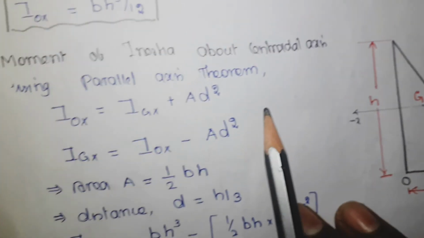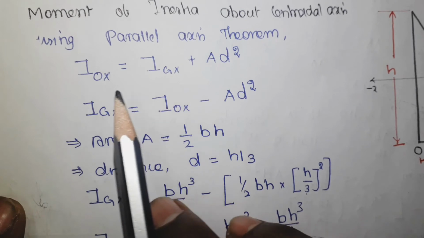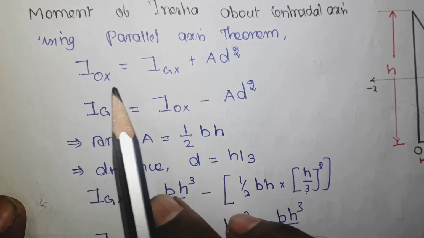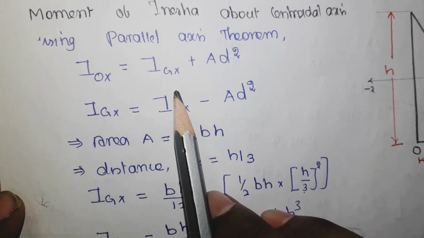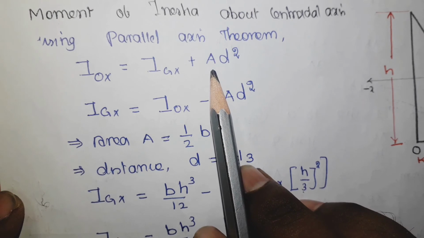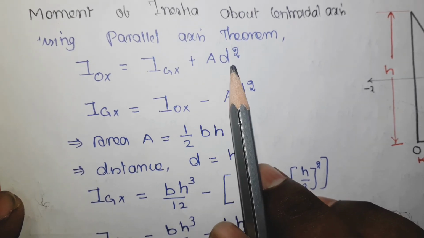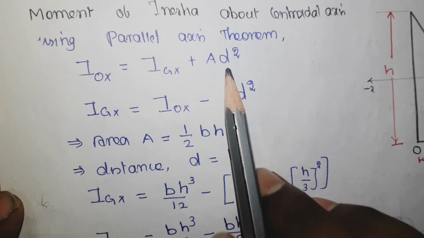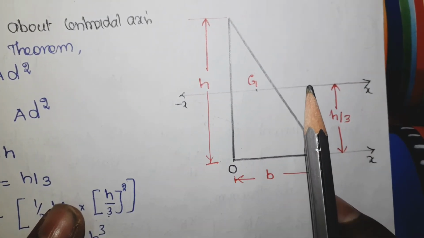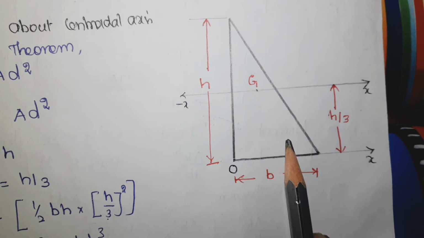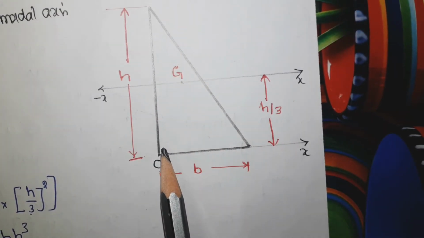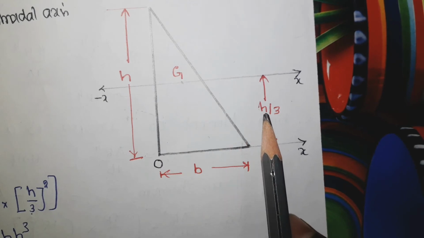Now using the parallel axis theorem, the moment of inertia about the base axis equals the moment of inertia with respect to the centroidal axis plus A into d square, where d is the distance between these two axes, that is the centroidal axis and base axis, and it is nothing but y bar. y bar equals this total distance divided by 3, h by 3.